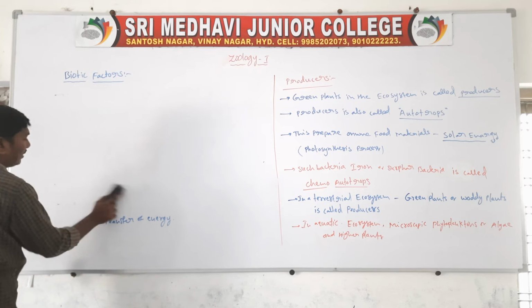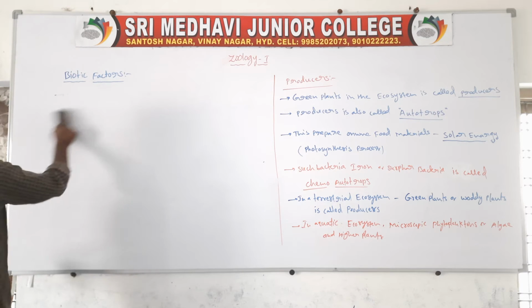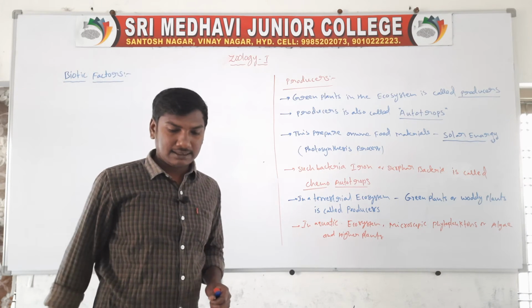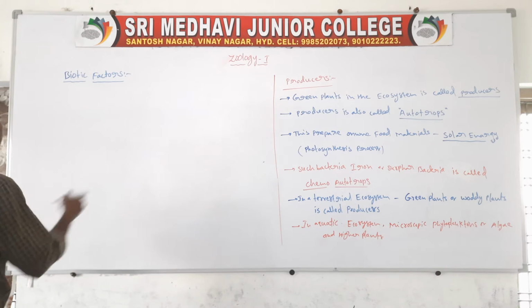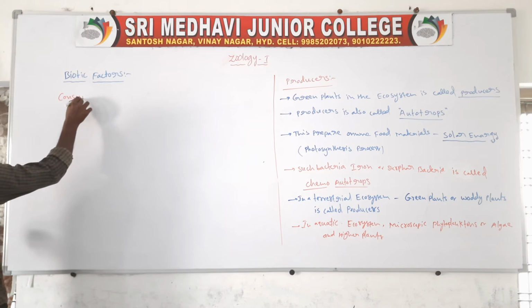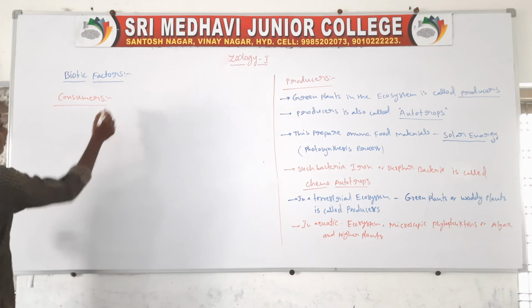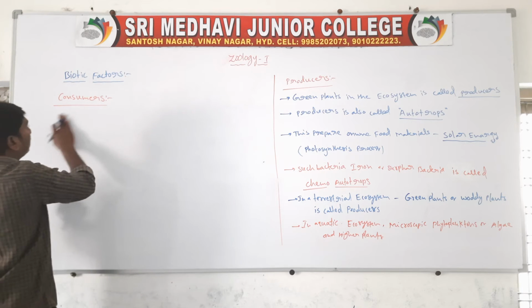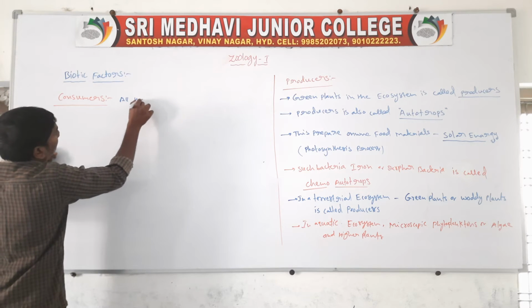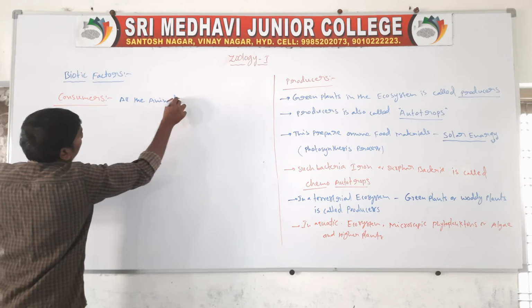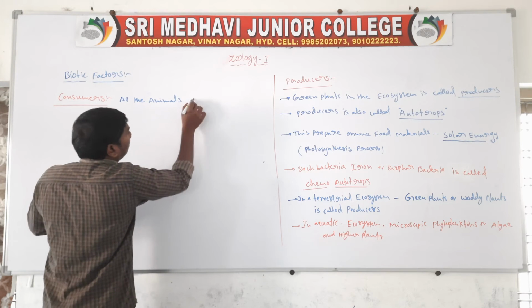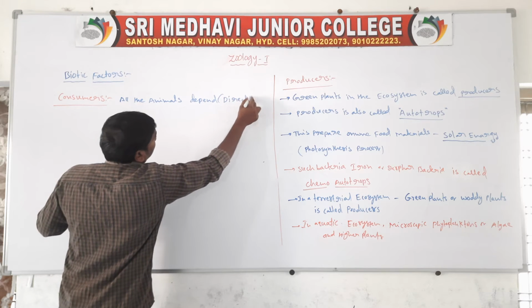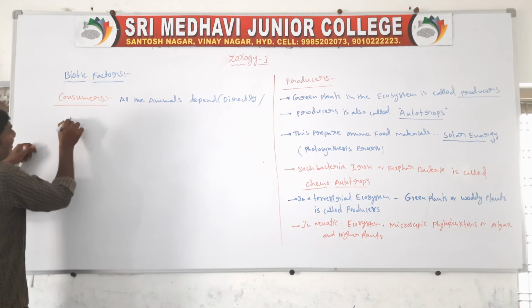Next one, consumers. Consumers means all the animals. All the animals depend directly or indirectly on plants, meaning producers.